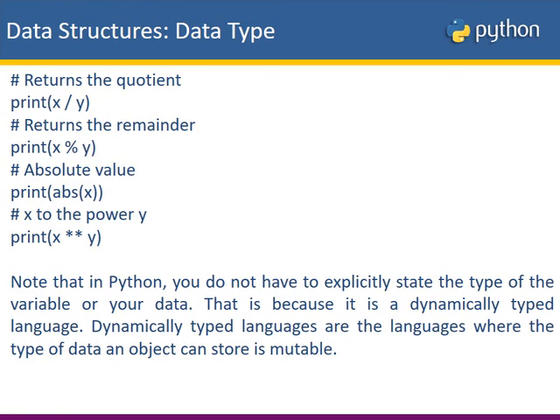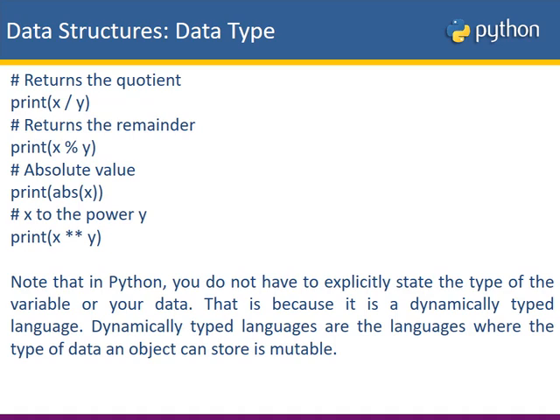We print the quotient s, y, and for the remainder, print s remainder y. We also have the absolute value, print abs of s, and s to the power y, written with two asterisks, print s ** y.